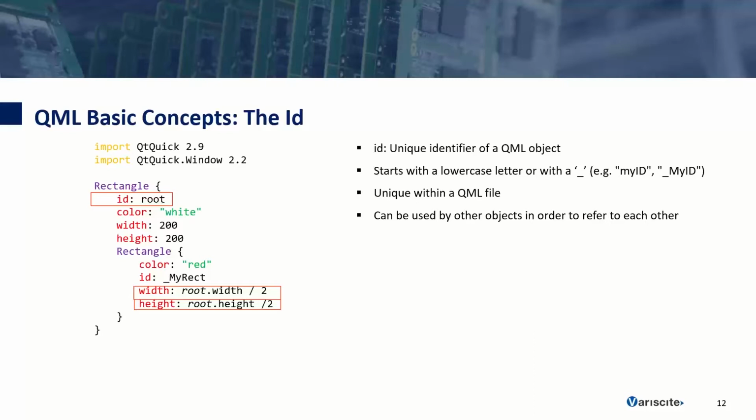In this case, you can see that the lower rectangle has an ID _myrect. The underscore is safe for the syntax of the ID. Just as a reminder, the ID must be unique within the QML file, and all of the objects may refer to the properties and the ID of the parents.